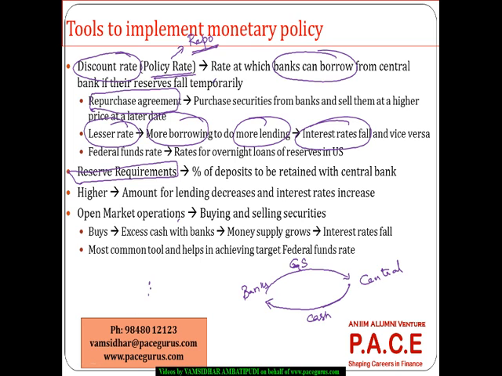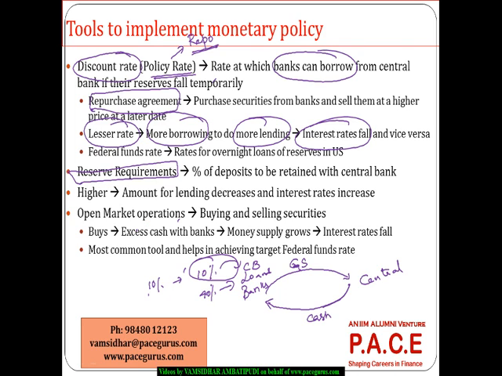So if it says the reserve ratio is 10%, that means 10% of every deposit that comes in should be deposited with the central bank. Only the remaining 90% can go out as loans, right? So the reserve requirement of 10%, or whatever percentage is set, is the amount that has to be maintained as reserve with the central bank.